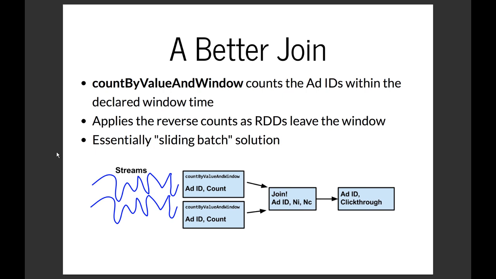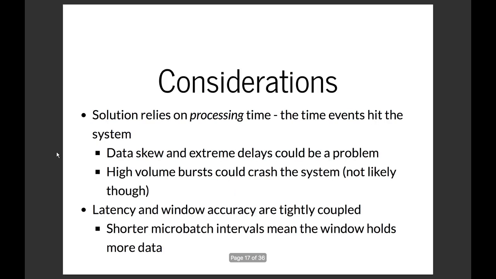So for example, the one caveat here is our click-through is only going to have a valid number for however long the window is, right? So some things to consider when looking at this is that the solution relies on the processing time. This is the time that the events hit the system. It's not the time that the events actually come in or are actually produced.